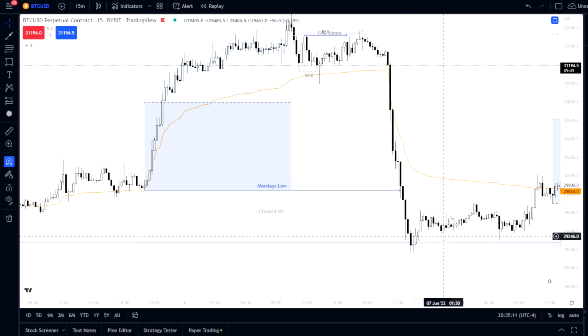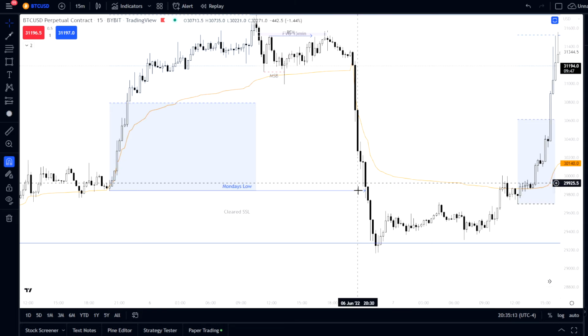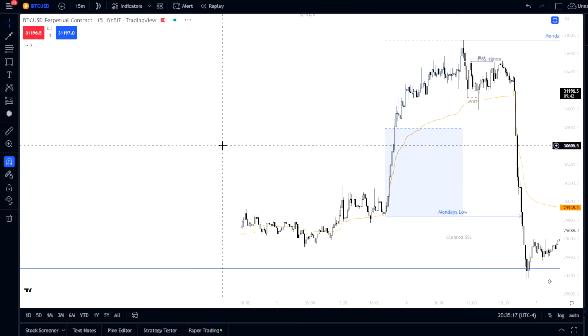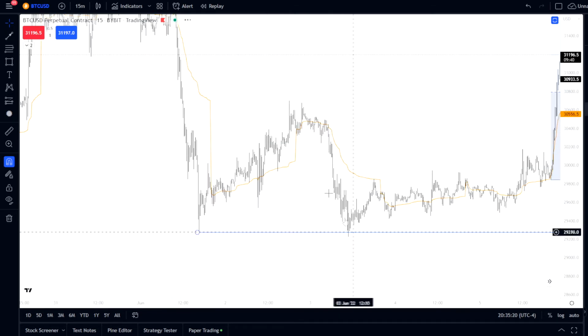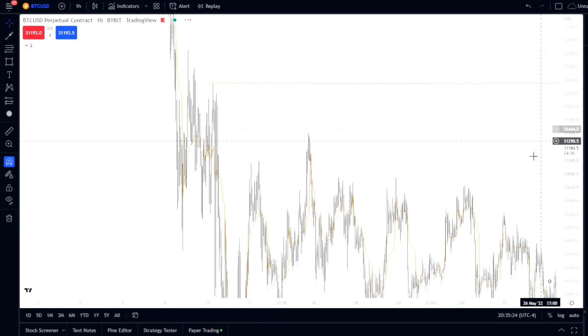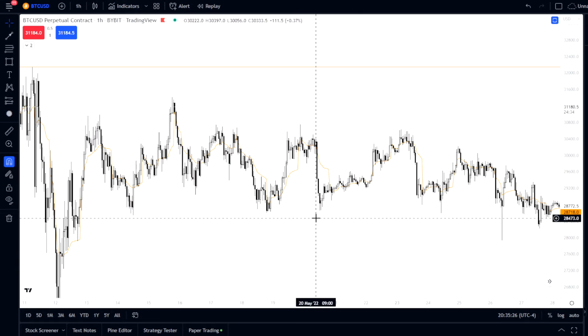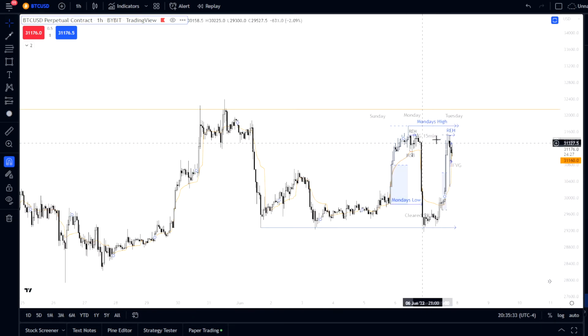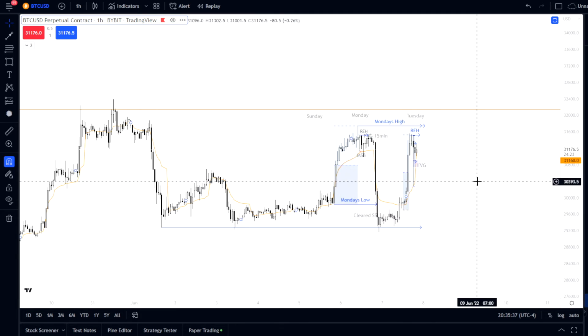There's no attempt to bounce back or anything. Same if we go back to here, and here, here, here, here. Look at all the examples. This is the first time price is refusing to go lower. So this is a shift in market structure.